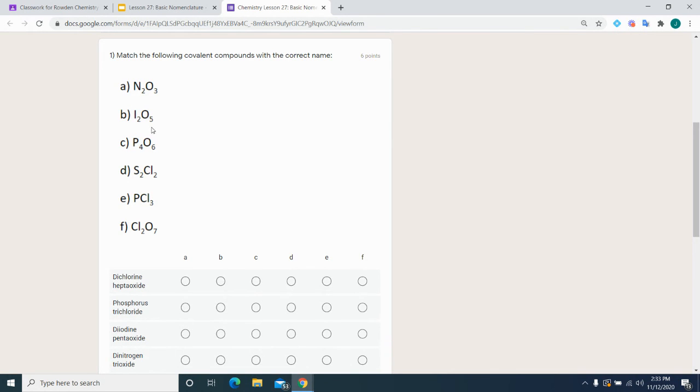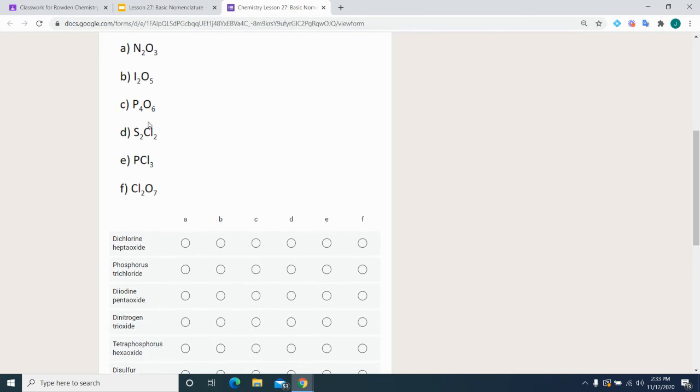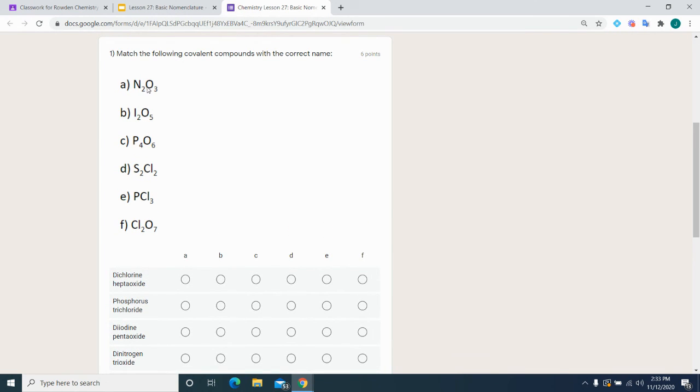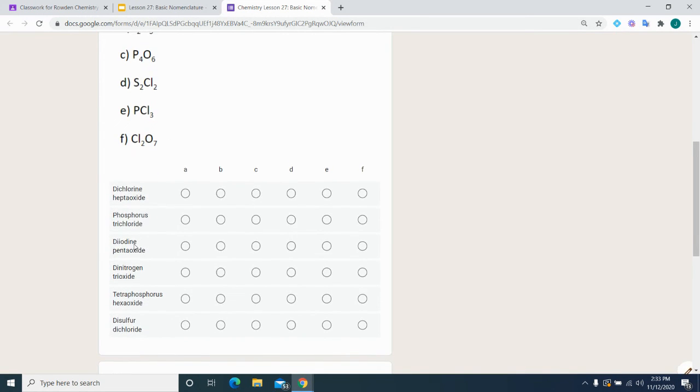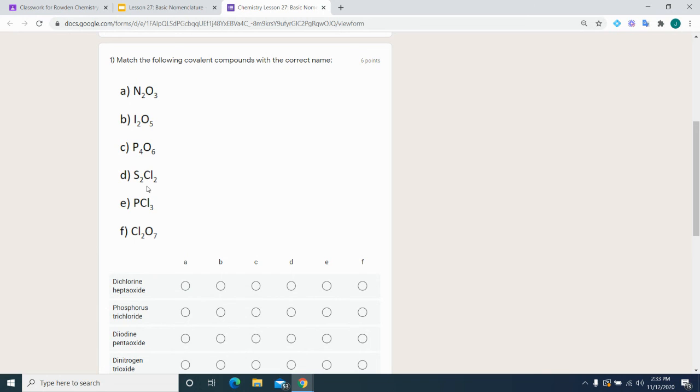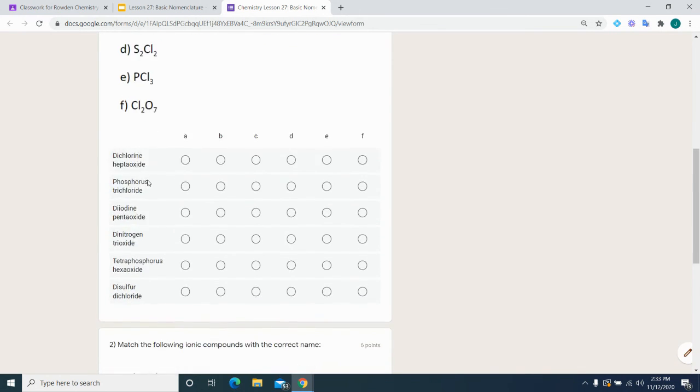Penta means 5, so O5. Dinitrogen trioxide, N2O3. Tetraphosphorus hexaoxide. Tetra means 4. Here's 4 phosphoruses. Hexa, 6 oxygens. Disulfur dichloride. So that's going to be sulfur, and we have 2 of them. Chlorine, we have 2 of them.